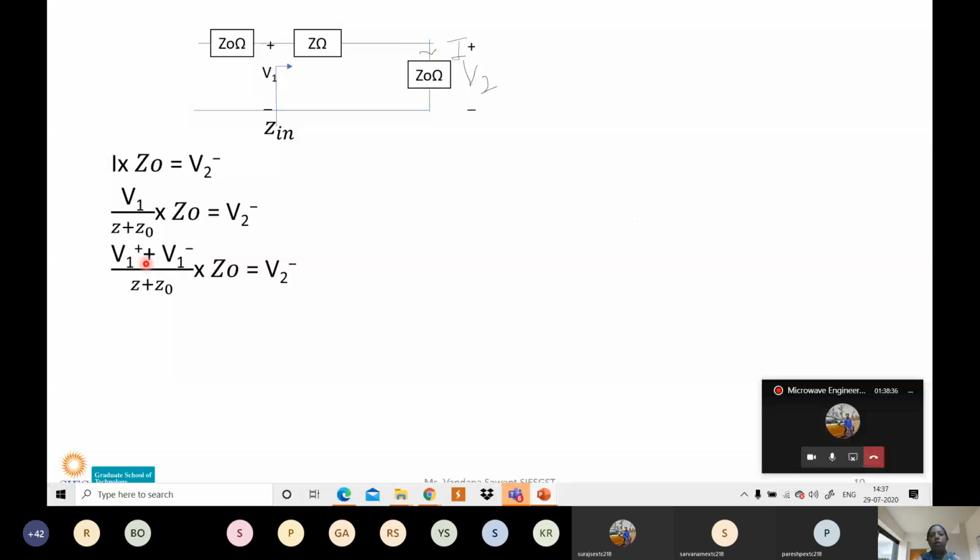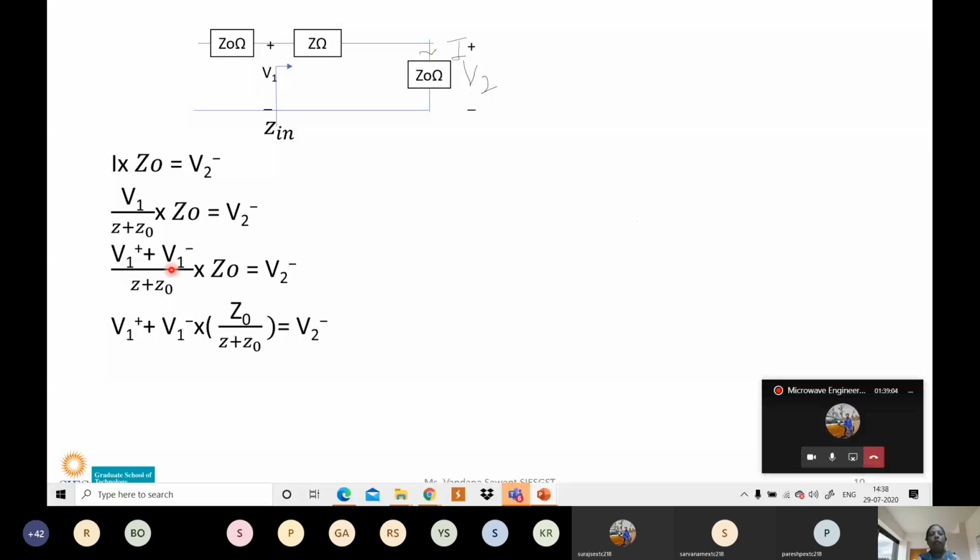All of you got it? Here we are just replacing V1 by V1 plus V1 minus. Now we will rearrange the terms on this side. We will bring that Z plus Z0 below this Z0.